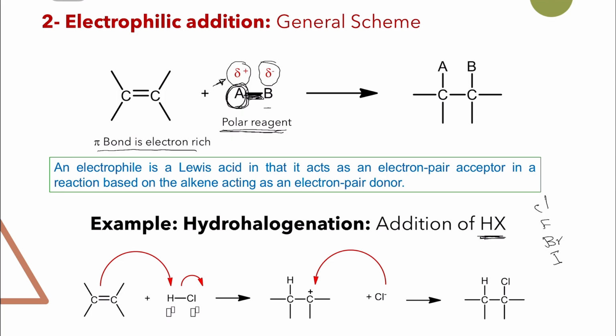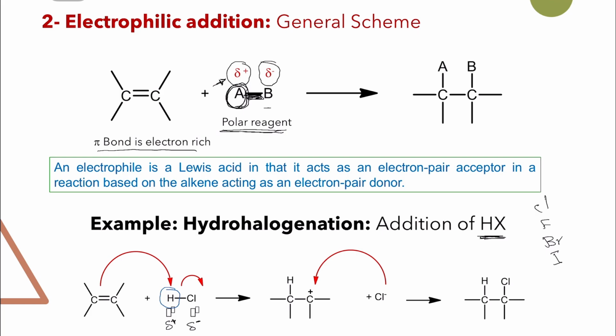If we are talking about hydrogen chloride as a specific example, the hydrogen will have a partial positive charge and the chloride will have a partial negative charge, because the chloride has more tendency to attract the electrons in the bond towards itself than the hydrogen. Now we have our alkene, which has a double bond, and this hydrogen will be our electrophile.